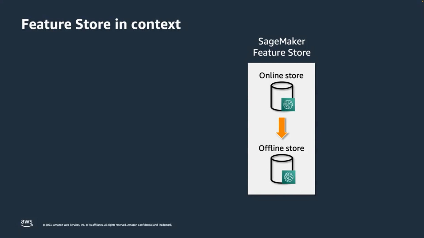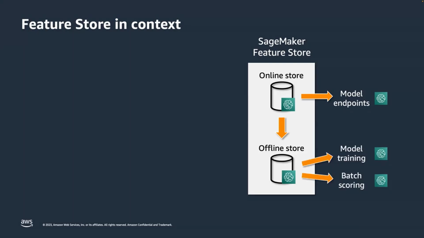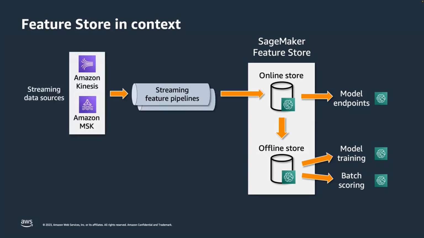But the main part about the online store is it serves data with millisecond latency for rapid inference. So it can serve it to model endpoints, but it'll serve it to models for output. The offline store, as I said, is used for model training or batch scoring.